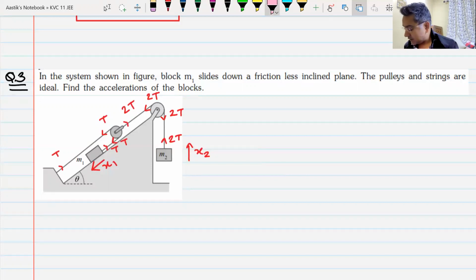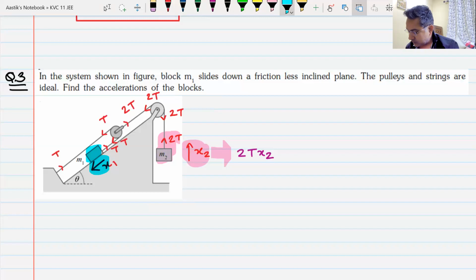The pink block and the green block come into the picture. This is the pink block. 2T upwards, x2 upwards. What is the work done by tension on this block? 2T and x2 in the same direction. 2T x2. Let me now come on to my friend, the blue block.